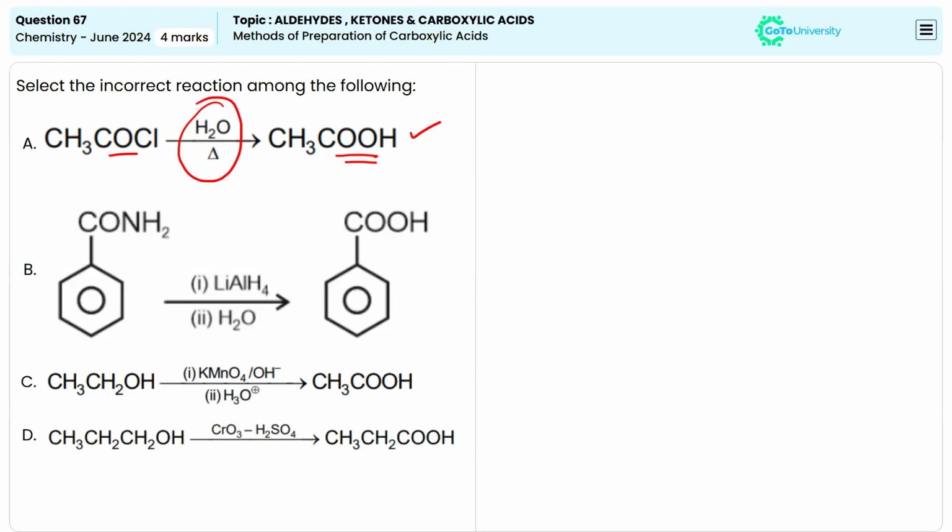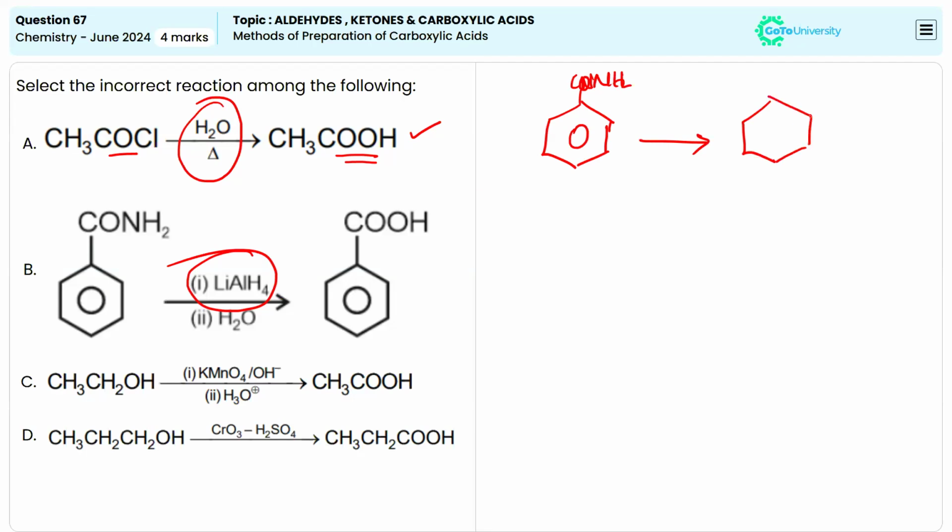Okay, now coming to option B, here an amide is converting into an acid by reduction with lithium aluminum hydride, which is a reducing agent, right? So let us consider the reaction. Actually, in the presence of the reducing agent lithium aluminum hydride, amides are not converted into acid, but they can convert into amine, meaning the CONH2 group will be converted into an amino group.